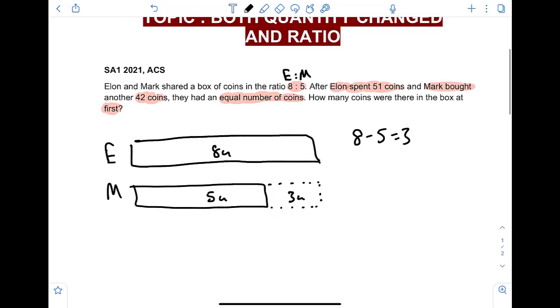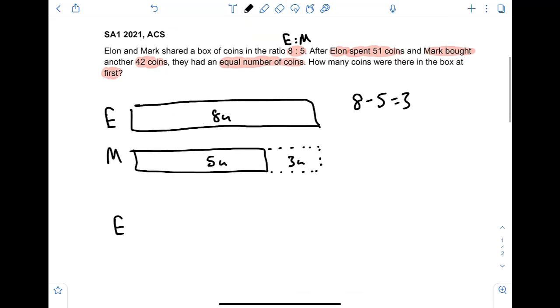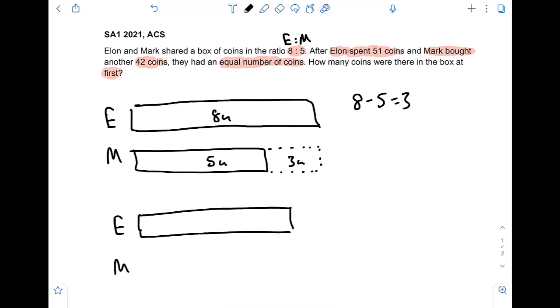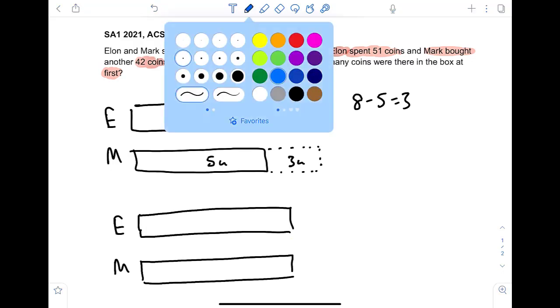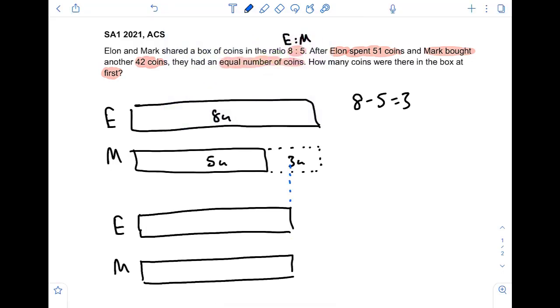Okay, let me draw the after model and hope we can actually visualize this a little bit better with that. Okay, so again, Elon will look like this. Mark will look like, I'm not sure how many units exactly is the after one, but I know that at the end they will have the same. Okay, why is it the same? Because Elon went to spend 51 coins.